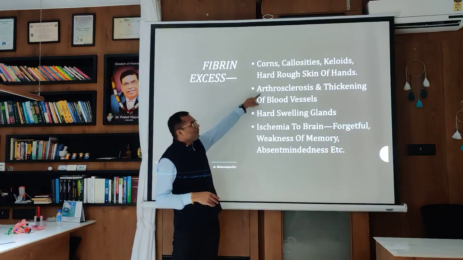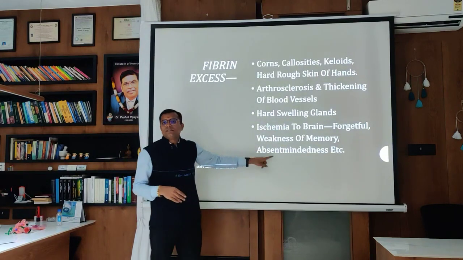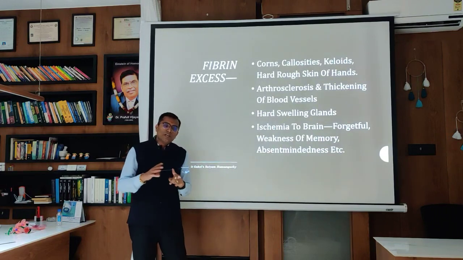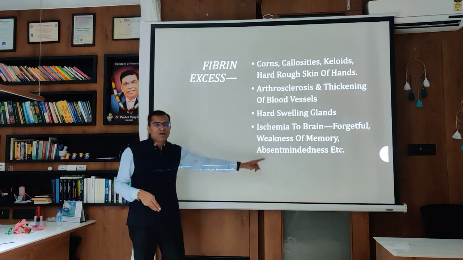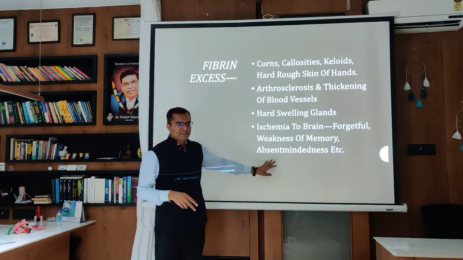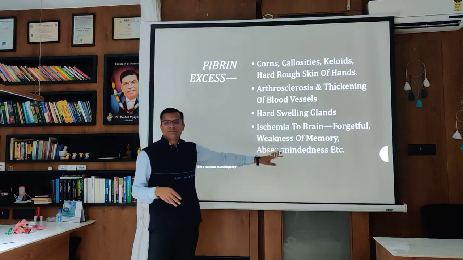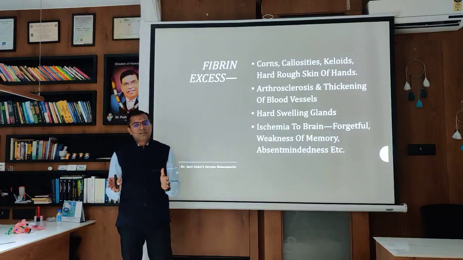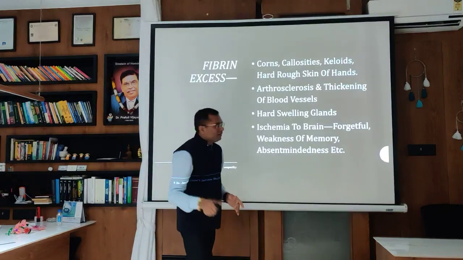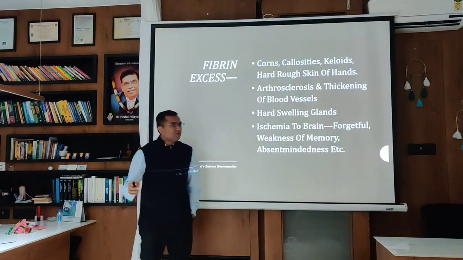Again, due to atherosclerosis, there is ischemia of the brain, and due to slowness of circulation, there is also ischemia of the brain. So both things can lead to this process, and this leads to forgetfulness, confusion, weakness, and absent-mindedness. So are you getting me?